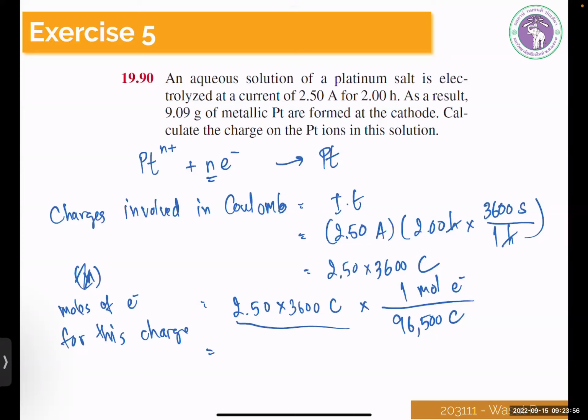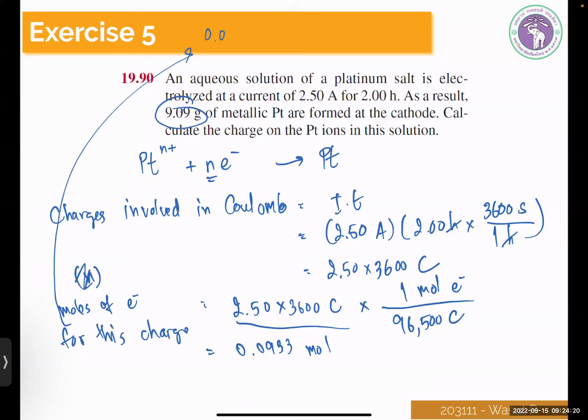So this thing is about 0.0933 moles. That's not our answer yet, okay? Because this many moles of electrons resulted in 9.09 grams of platinum formed, right? So I have to use my stoichiometry to get this out.